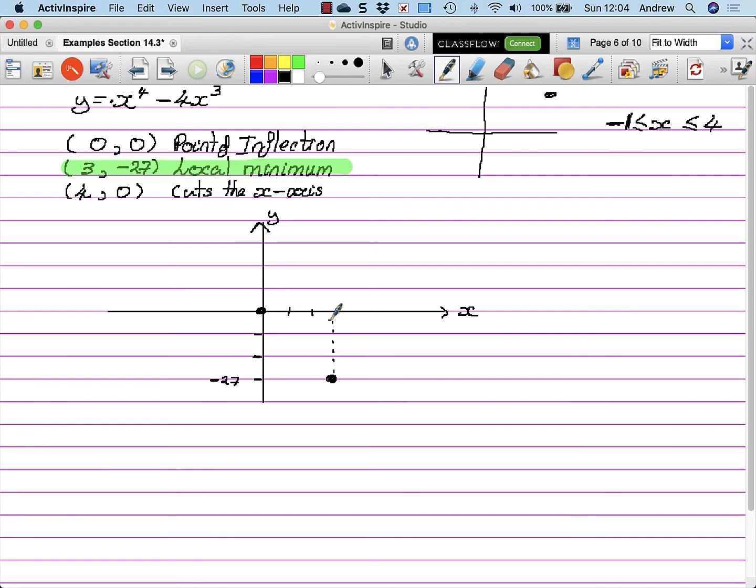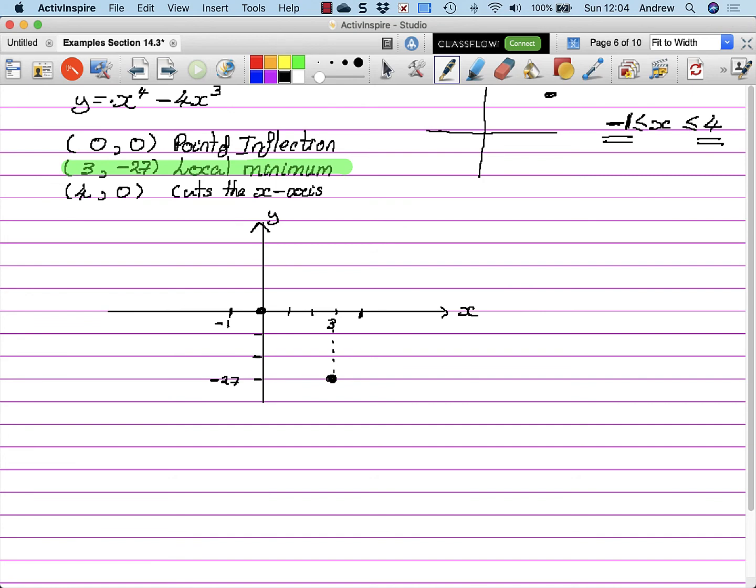And this is the point 3. There's another point which we now have to calculate, because we're allowed to use up to x equals 4. And we've also got to calculate a value for x equals -1, which is going to be here. So we have to calculate those 2 points. And that only became apparent as I was sketching it.